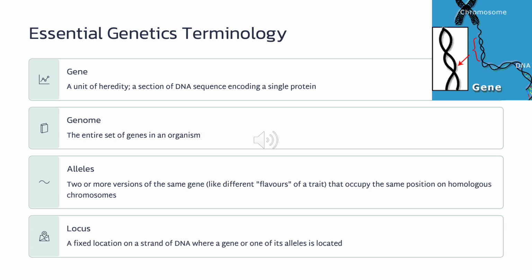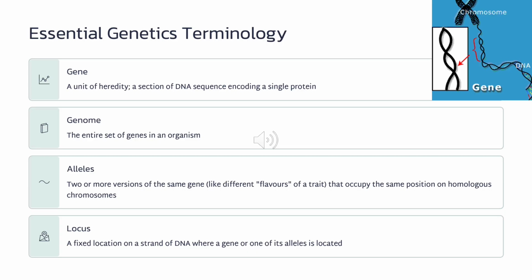So that is the genome. And an allele refers to 2 or more versions of the same gene, like different flavors of a trait. For instance, you have black hair, brown hair, blonde hair.